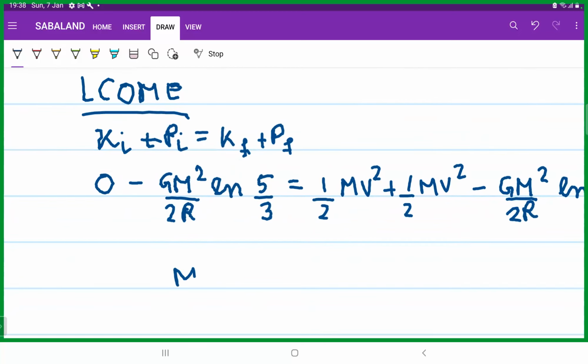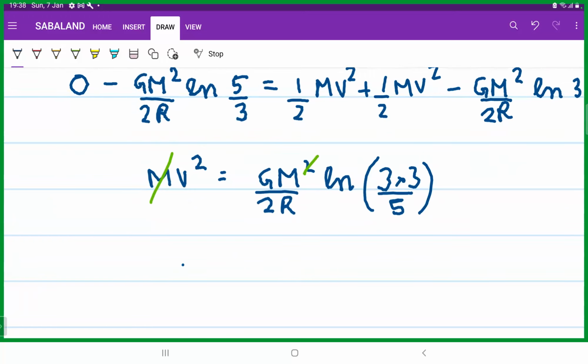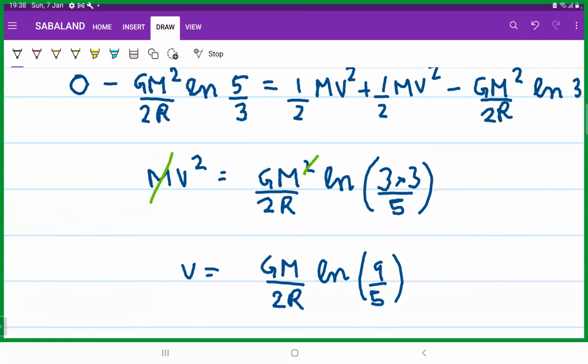So mv square will be equal to G m square by 2r natural log of 3 into 3 divided by 5. And so we have the value of velocity of the body, which is G m by 2r natural log of 9 by 5.